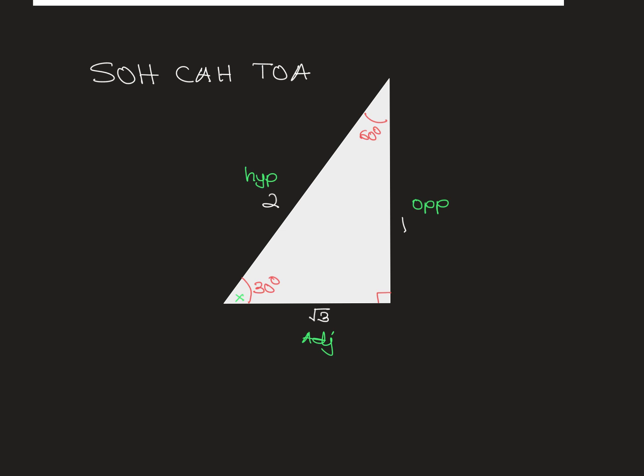So for example, if we want to find the value of sine 30 degrees, 30 degrees is the angle. Remember, sine, SOH, is opposite divided by hypotenuse. The opposite to it is 1, hypotenuse is 2. So sine 30 is equal to 1 over 2.